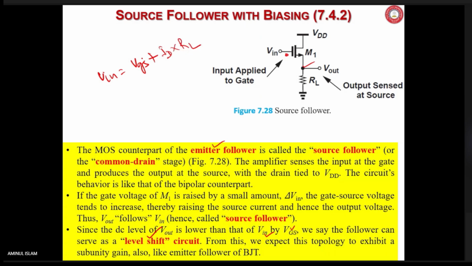So that's what is written here, that V out is lower than V in by a value of VGS. VGS means the voltage between these two nodes. We say that the follower can serve as a level shifter circuit because a voltage drop is occurring here. Shift is occurring in the voltage.